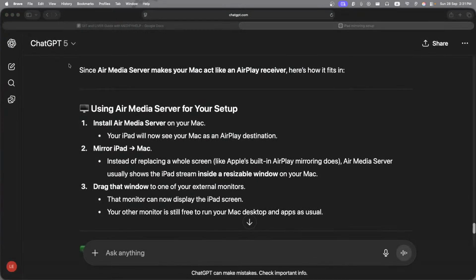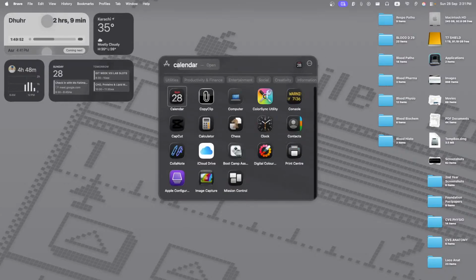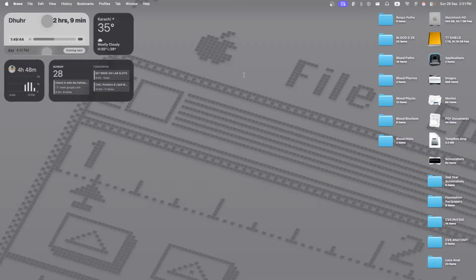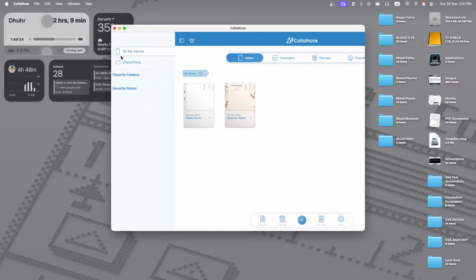Anyhow, where was I? Oh yeah, Colanode. I installed that. Interesting. So can't I sync it or something? Oh. Okay.